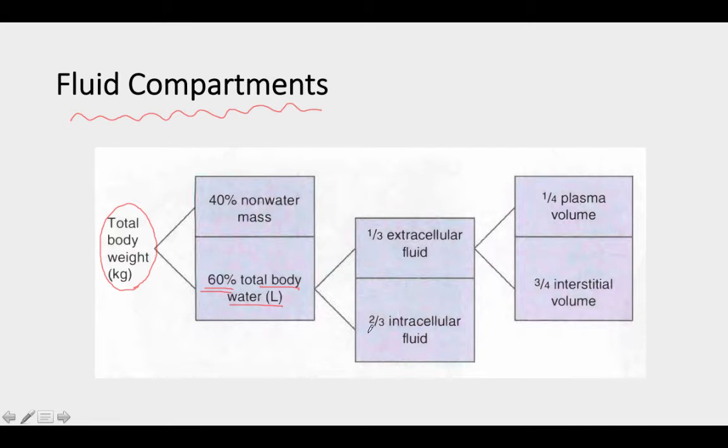And as you can see, the vast majority of this water sits intracellularly. The remaining third sits extracellularly, and 3/4 of extracellular water is outside our vascular system. So it sits outside our blood vessels, inside our tissues, in the interstitium. The remaining 1/4 is our plasma.